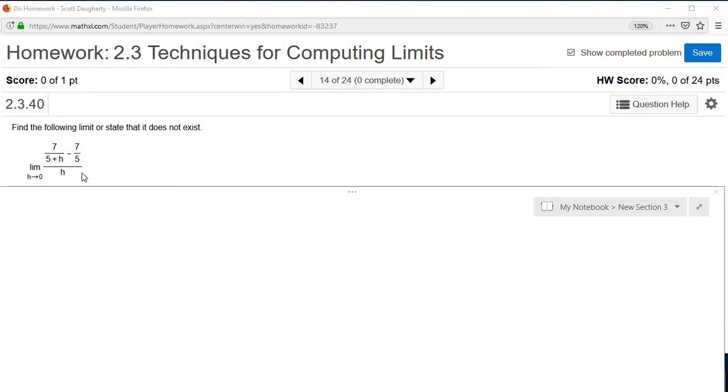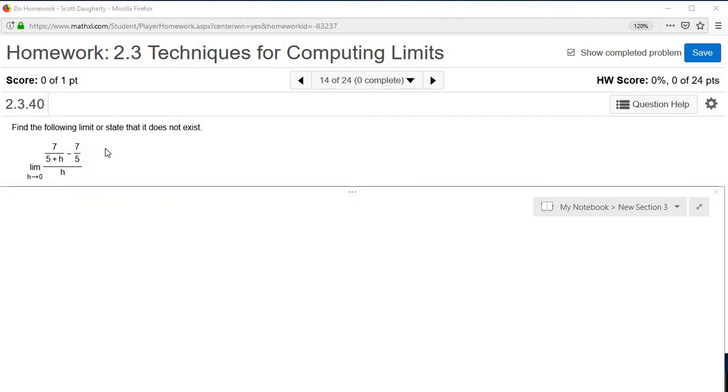And of course, on the bottom, as h gets closer to 0, you can clearly see that the bottom is going to get closer to 0 as well. If you use substitution and plug 0 in, you would get 0 on the bottom. But the way we interpret that is as an indication that the bottom is getting closer to 0 as h gets close to 0, which is obvious.